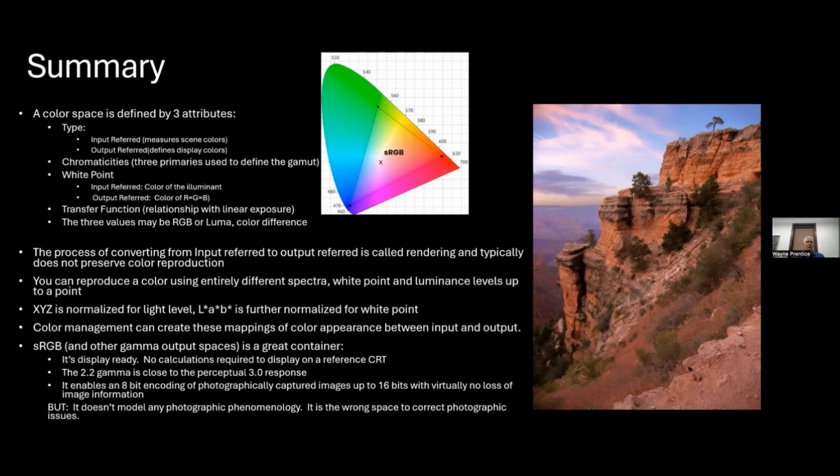It's really nice because it has a response close to perceptual, so the gamma in it feels like a human color response. And the fact that it can code large amounts of information virtually lossless is very nice.